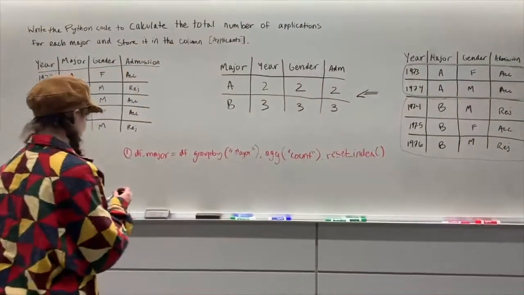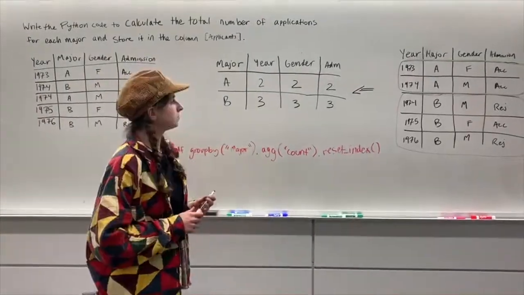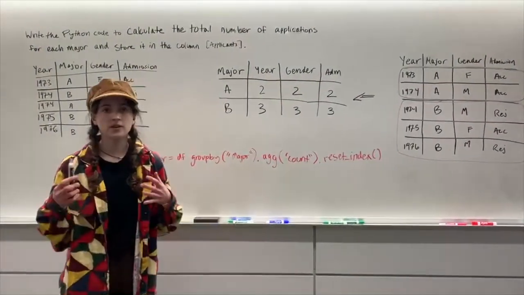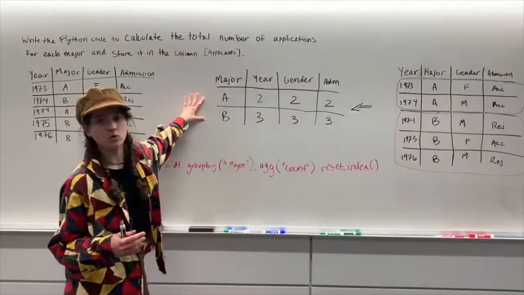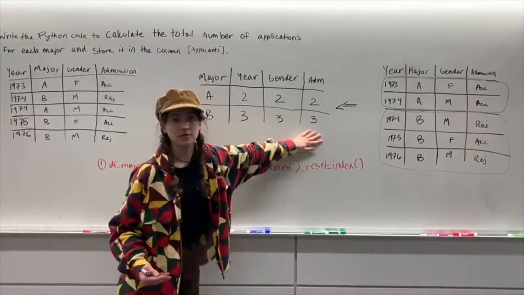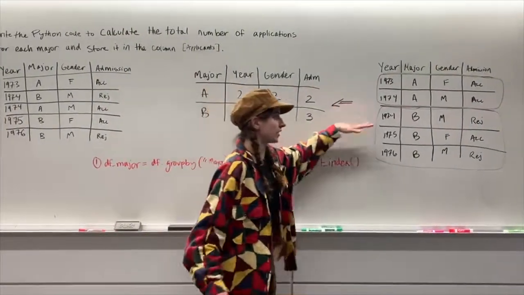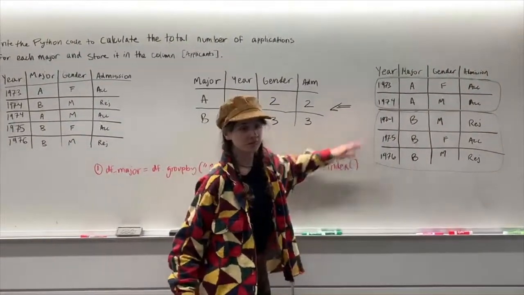And so for the next step, you want to make a new column called applicants. At this point, it doesn't matter which column you take the data for applicants from. Notice how every column becomes the same. That's because, again, you're just counting the number of rows. It's not dependent on what data is in the column.